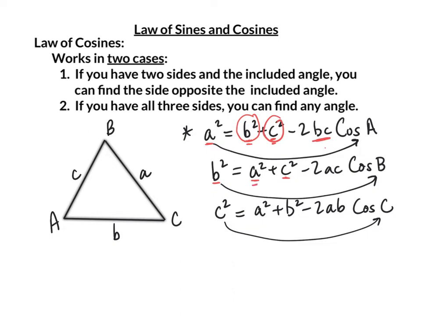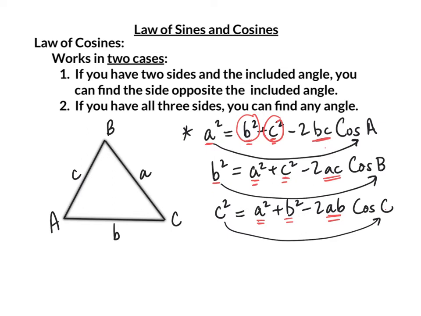Minus, and again, notice how these two occur right here. Minus 2ac cosine B. And the same for the last. c squared equals a squared plus b squared. Notice how a and b occur right here. And then cosine of the angle opposite. You only need to remember one of these, because our triangles aren't going to always have the sides and angles labeled the same way. But the pattern holds.